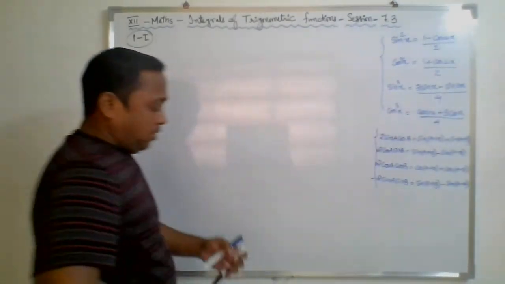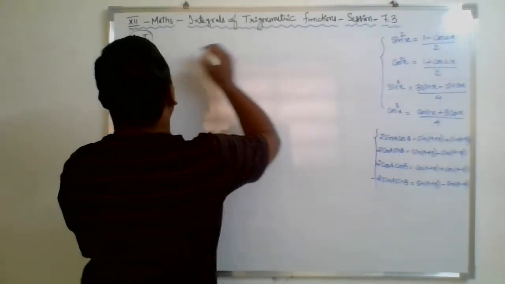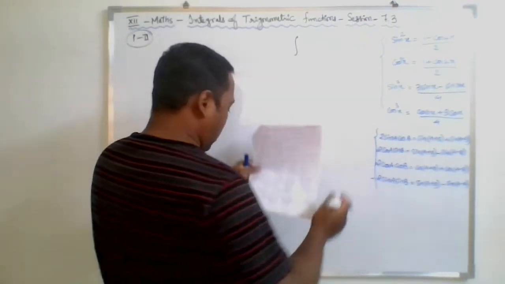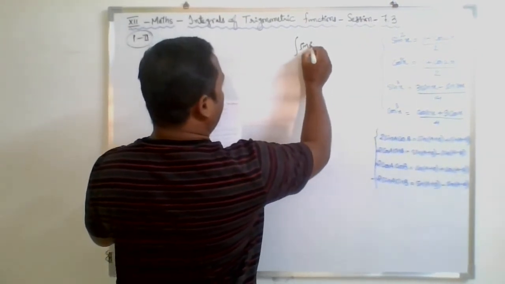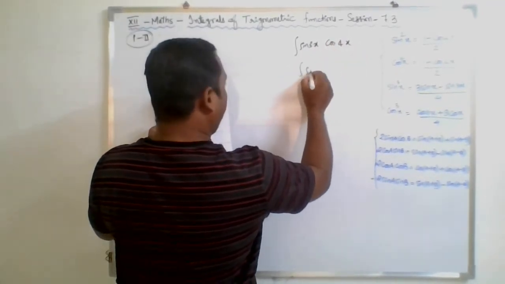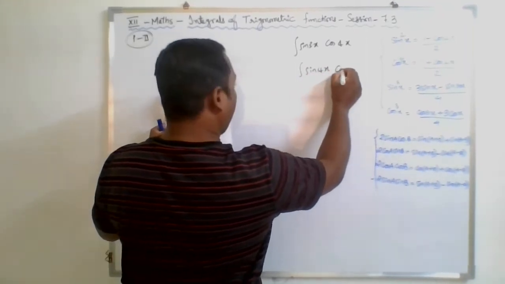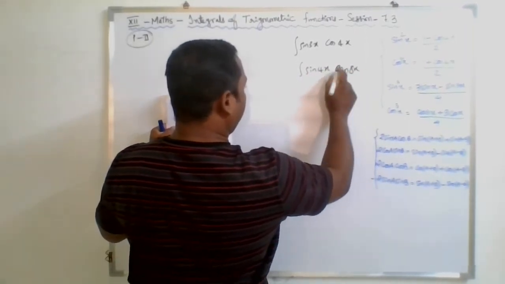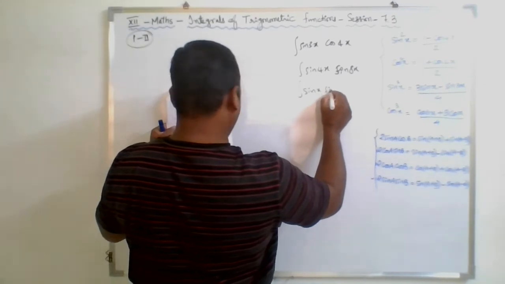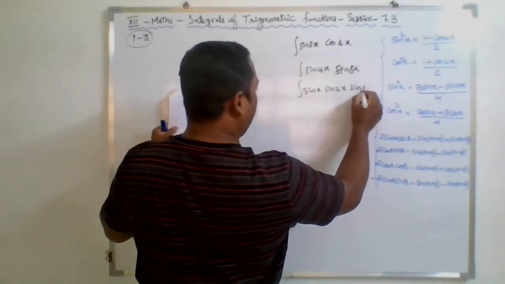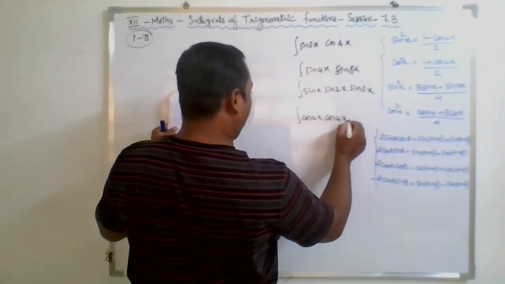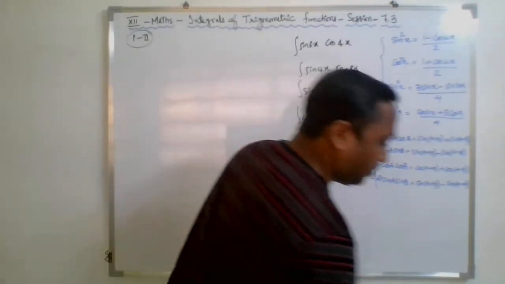Where the pattern 2 sums, I am just listing out here: sin 3x into cos 4x, sin 4x into sin 8x, and sin x into sin 2x into sin 3x, cos 2x into cos 4x into cos 6x.